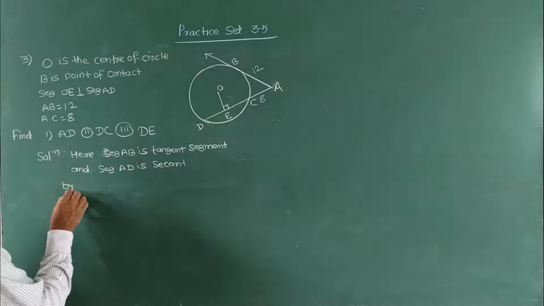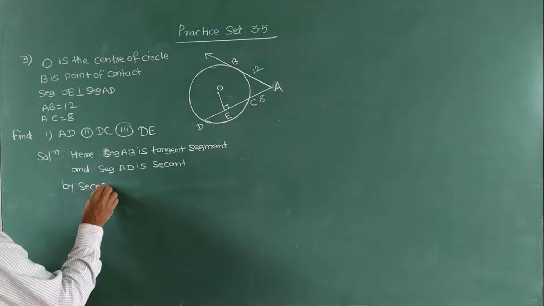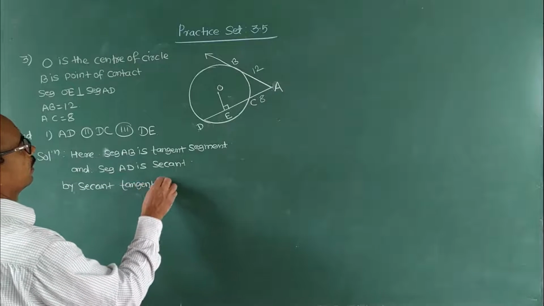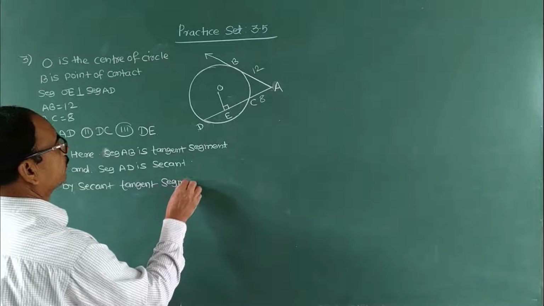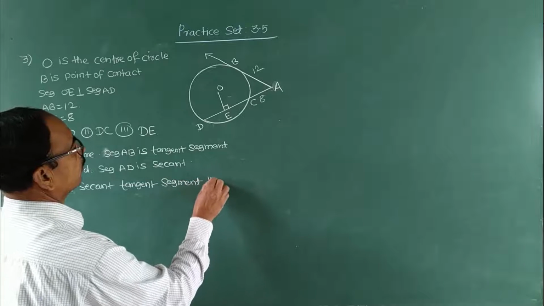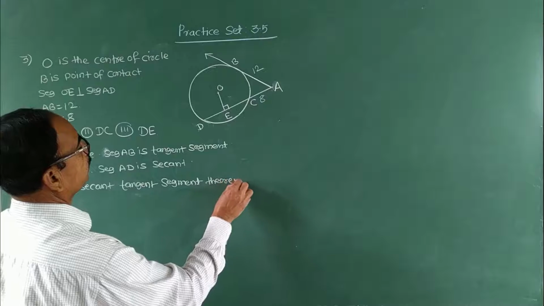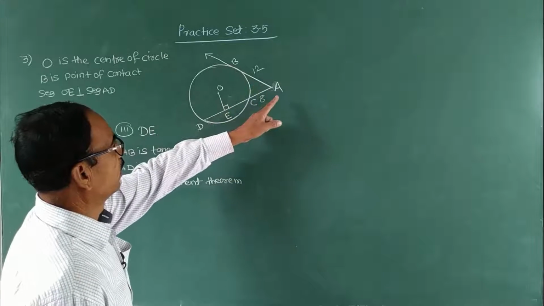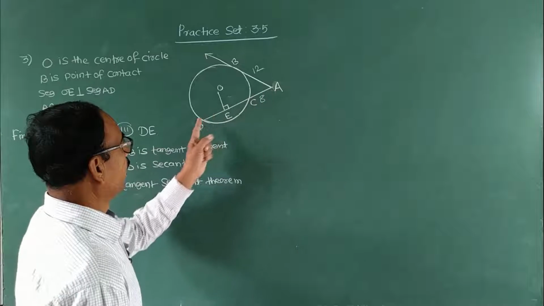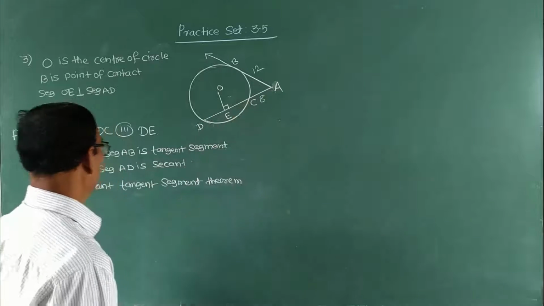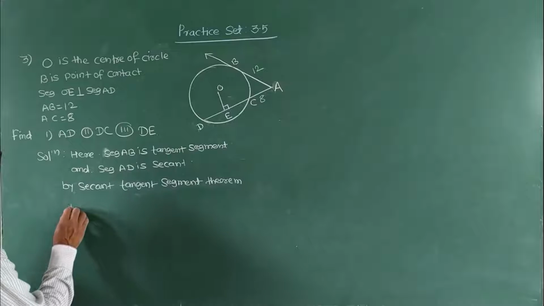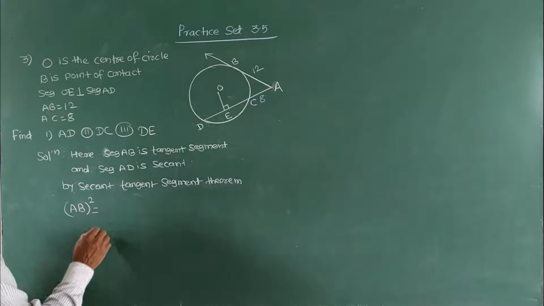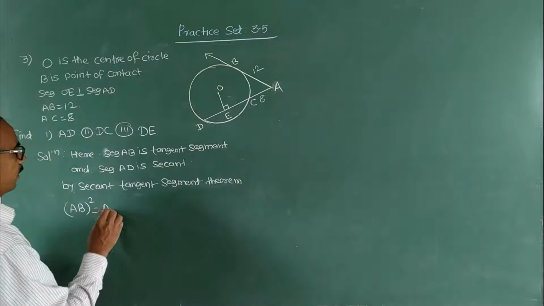So by secant tangent segment theorem, काय लिहू शकतो आपण, AB चा स्क्वेअर इज इक्वल टू AD into AC. So here we will write AB square equal to AD into AC.